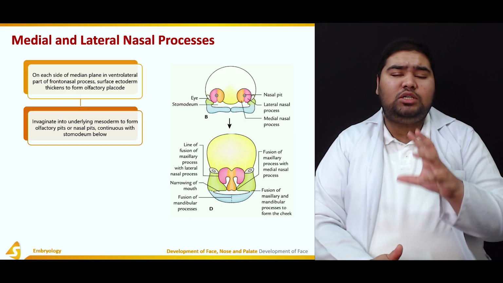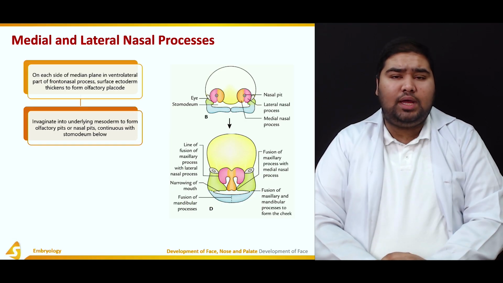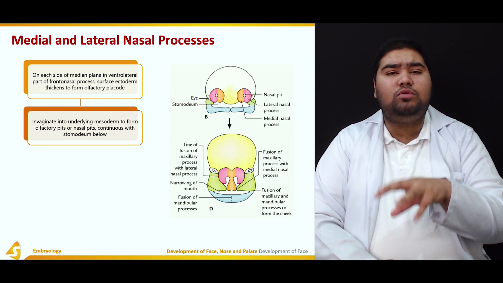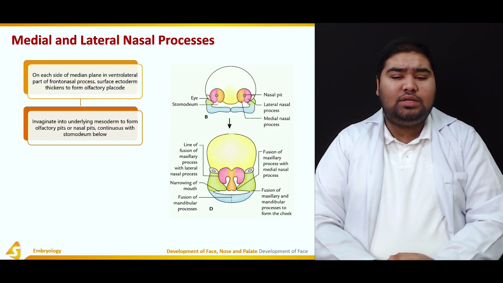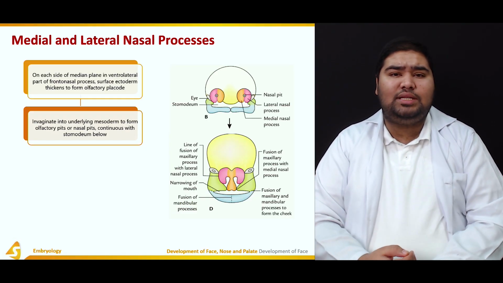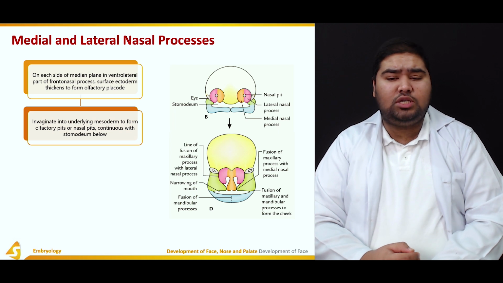So whenever the word olfactory is being used somewhere, it always connects to the nose. So this olfactory placode is actually the precursor of the adult nose. Now this olfactory placode at this point in time is continuous with the stomodium below.